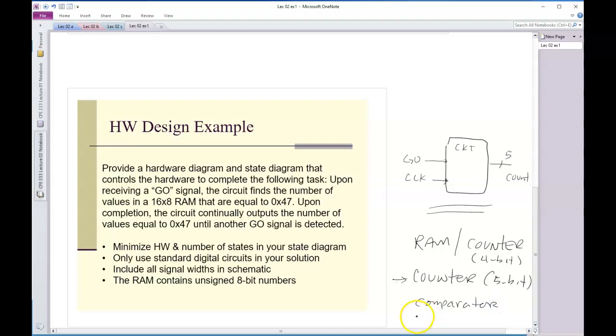To make all these things work together, I'm going to need a state machine. When I'm done, I will have 1, 2, 3, 4, 5 modules, and I will kick out a state diagram which will finish off the problem. Okay, so let's restart this in a new video and get it done.